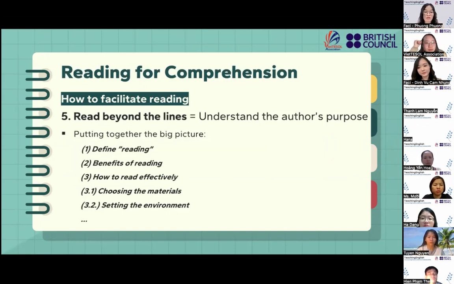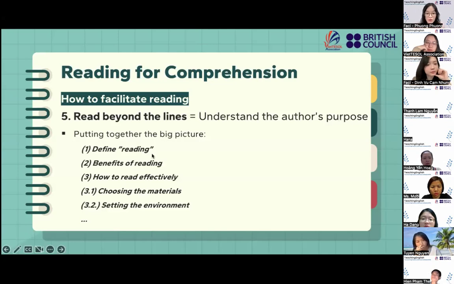The second paragraph discusses the benefits of reading. The third paragraph tries to explain how to read effectively, etc. So if the student can put this together, for me it is something like a frame or a skeleton of all the words in the text. The text can be long, but the message is usually very short and simple.